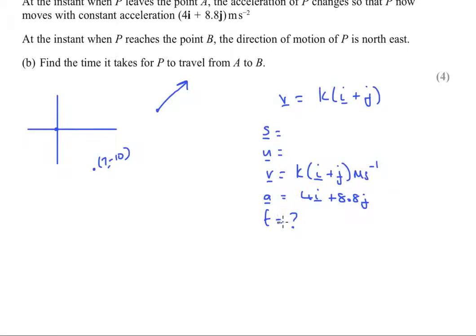We don't appear to know anything else. But what we could find out is the initial velocity. That will be the same as the final velocity from part A.